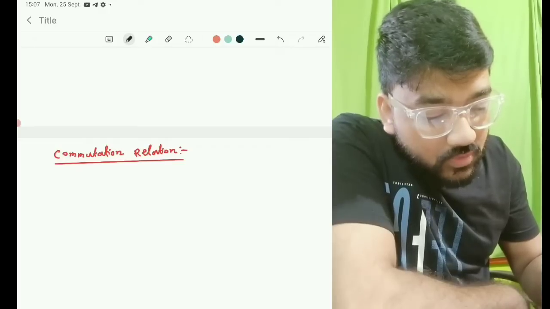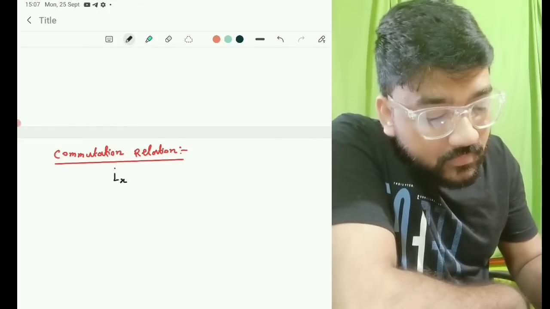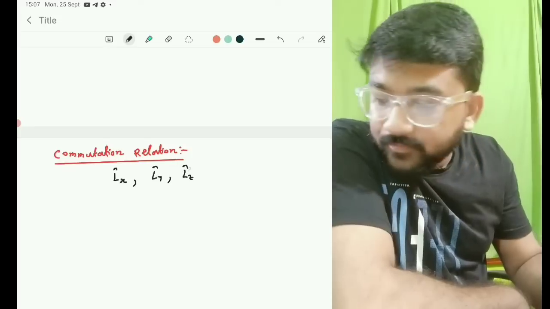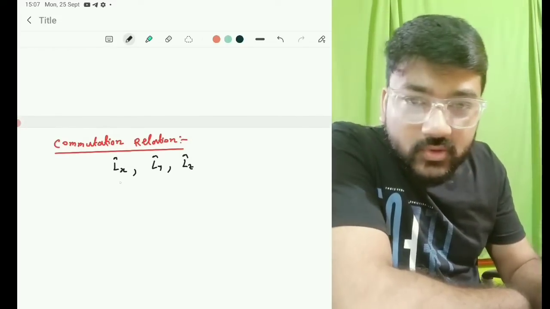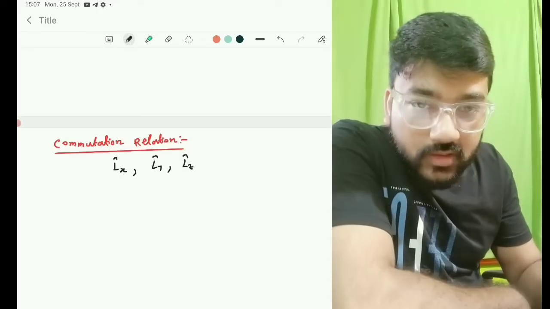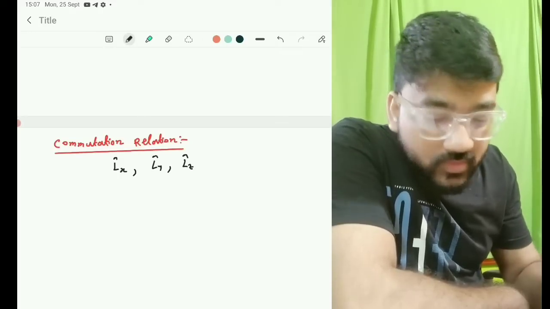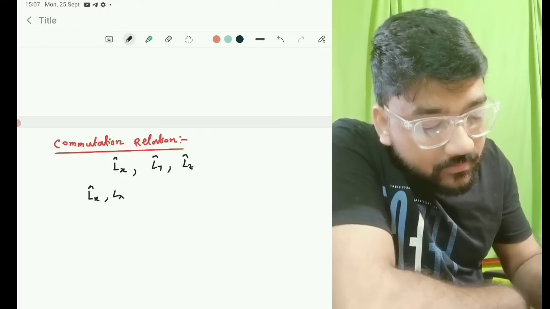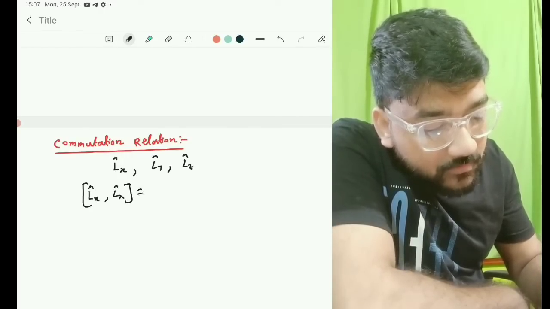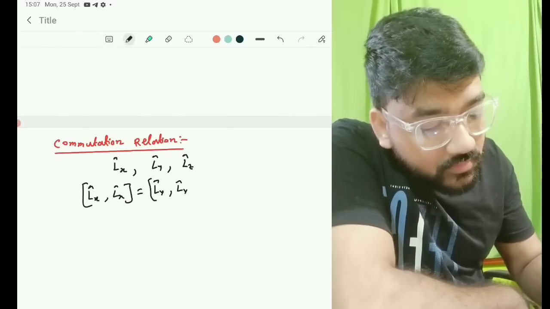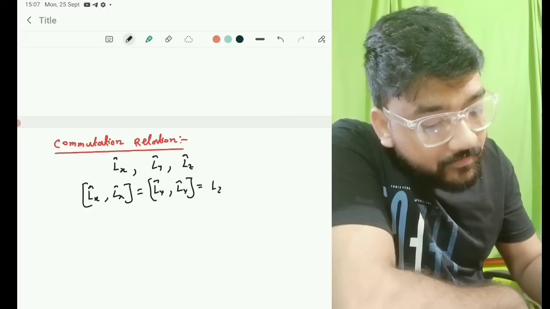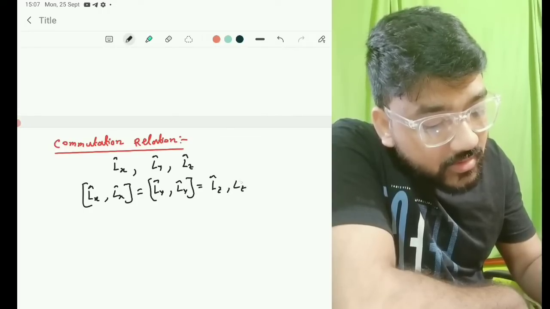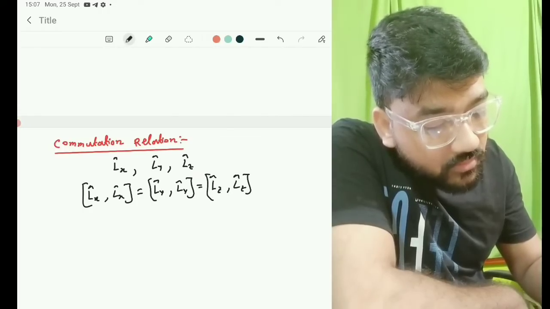So you know, if you have Lx, Ly and Lz, the commutation relation of Lx with Lx, that is with itself, will always be 0. So Lx cap with Lx cap will be the same as Ly cap with Ly cap, which will be the same as Lz cap with Lz cap, and that will be 0.